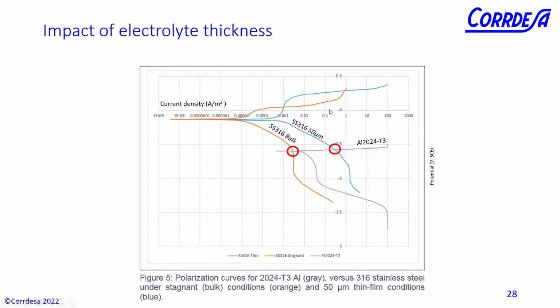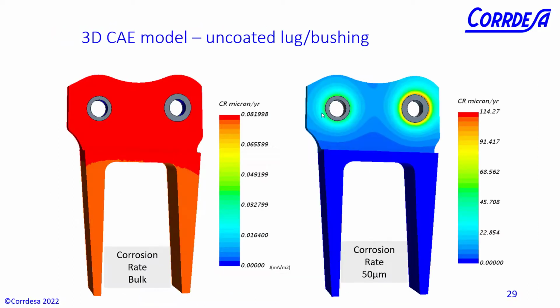In thin, you get a much higher current density, which is proportional to corrosion rate, because of the higher oxygen diffusion. There's much more aggressive kinetics, so that can be accounted for. So then you can apply your bulk data or your thin layer data, and in the thin layer data on the right hand side you can see this high intense localized corrosion around the interface of that bushing, but much higher.